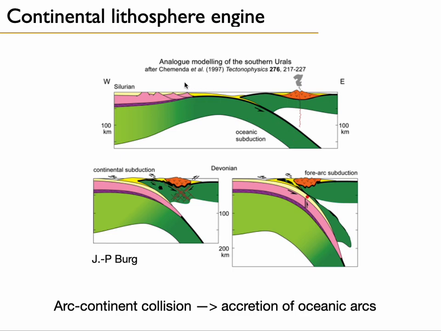You have an oceanic subduction, a continental margin on that side, and above this oceanic subduction you form an arc, such as in the Aleutian example just seen before. Together with ongoing convergence, the arc here may be accreted to the subducting margin here. So that's called arc-continent collision, and that is one mechanism of accretion of oceanic arcs onto continents.